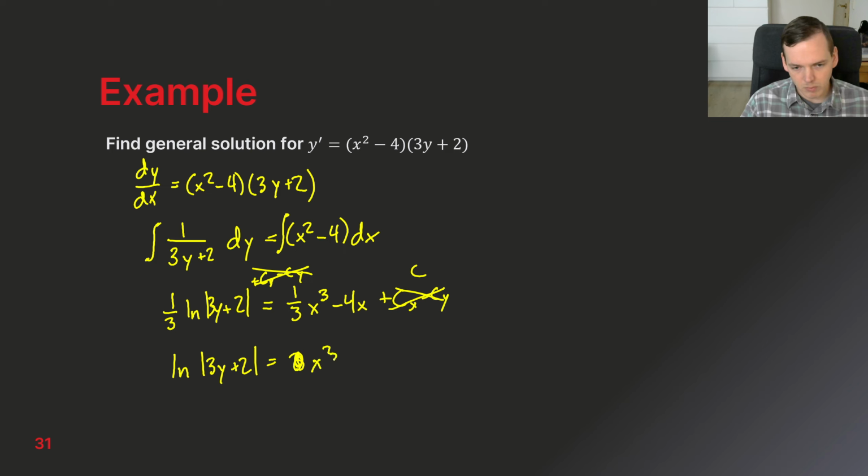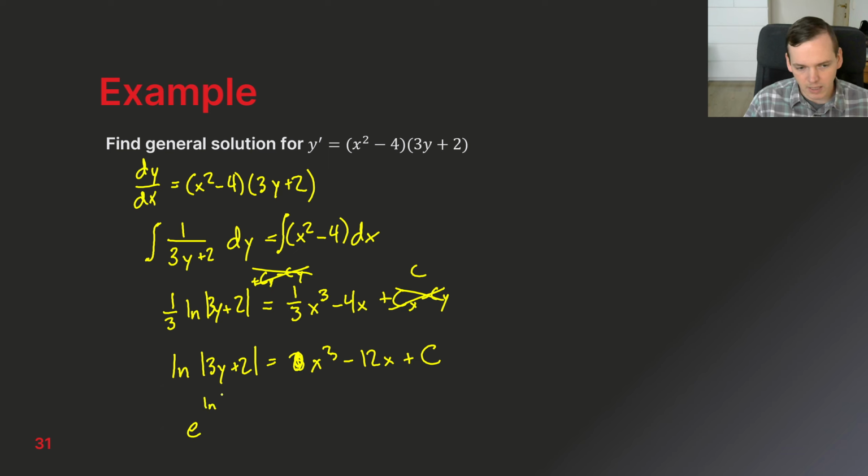x cubed minus 12x plus, it would be 3c, but again, any constants we're just absorbing into the c there. Just double checking against the work I've already done. Now I need to raise e to both sides to get rid of the natural log.